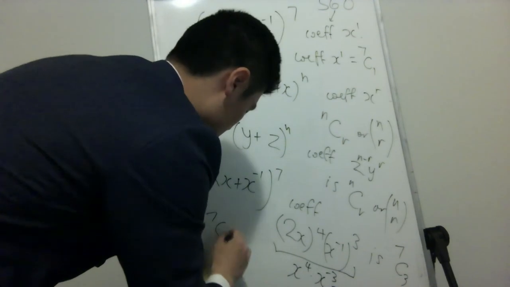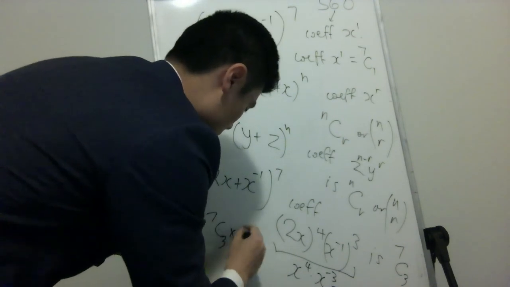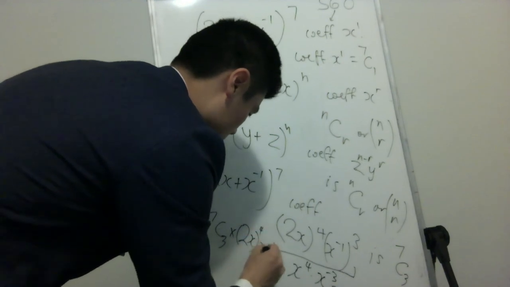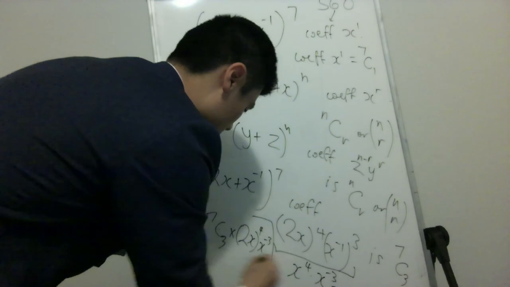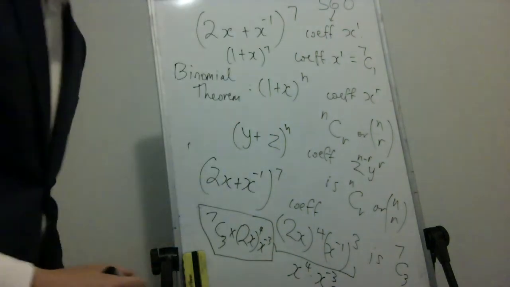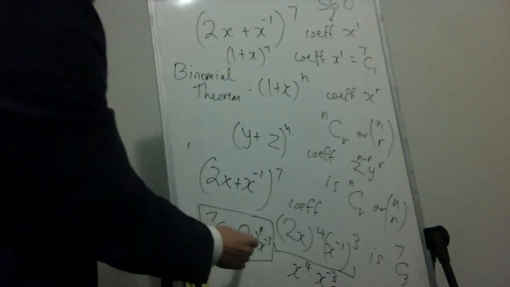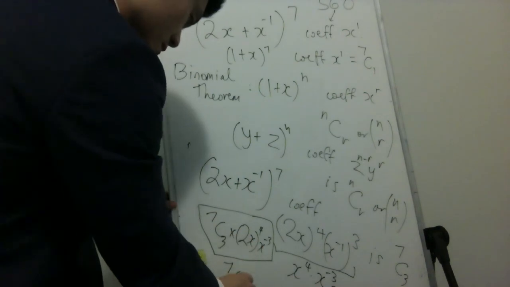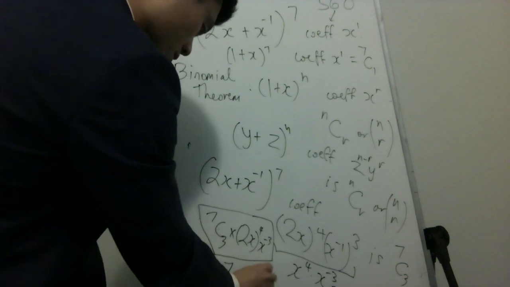So it's 7 choose 3 times 2x to the 4 times x to the minus 3. But then this simplifies to 7 choose 3 times 2 to the 4 times x.